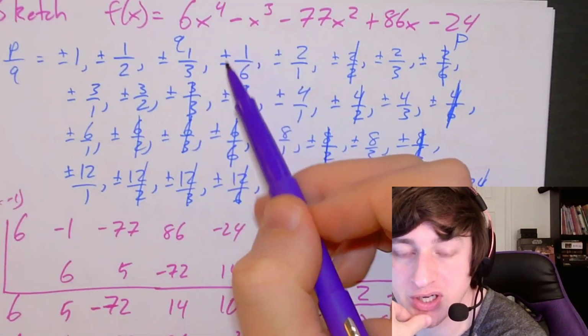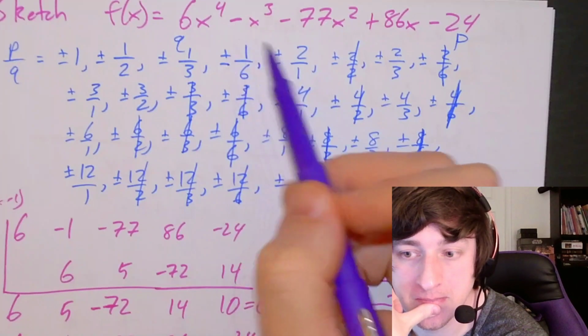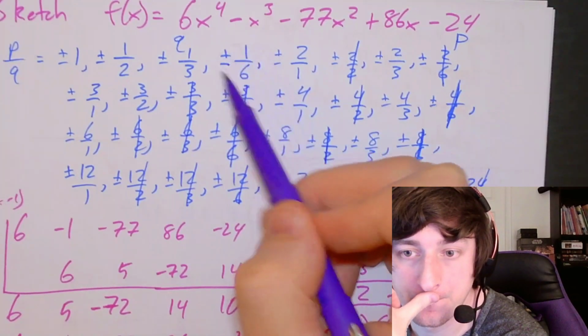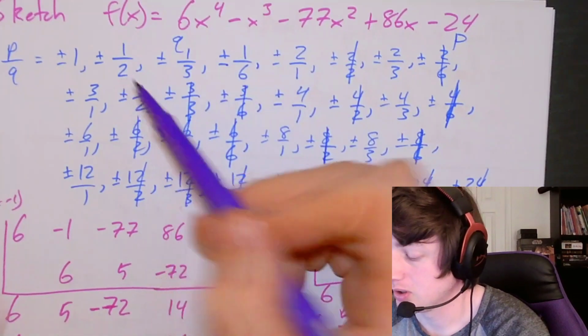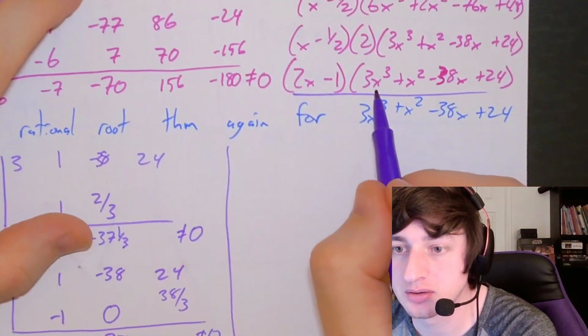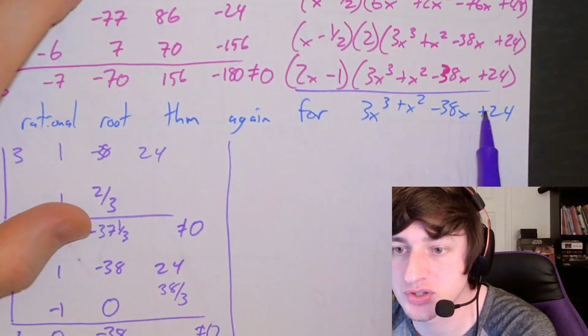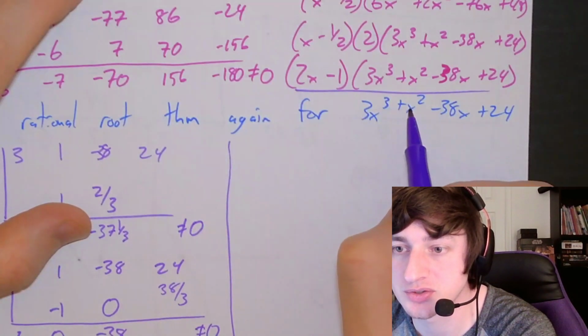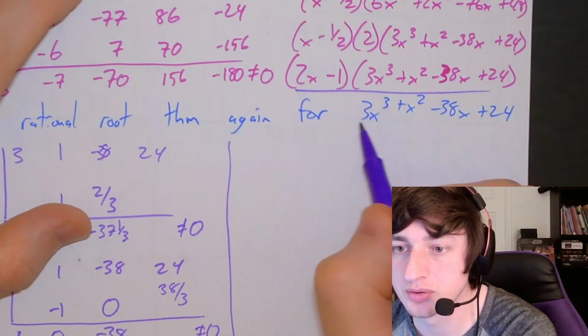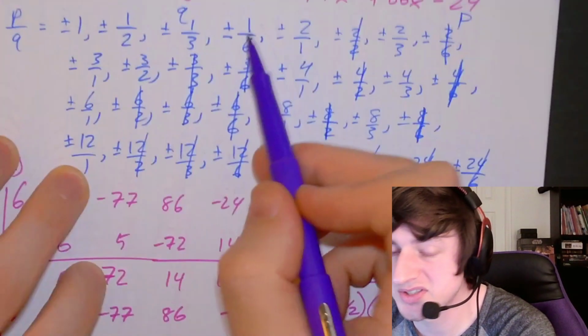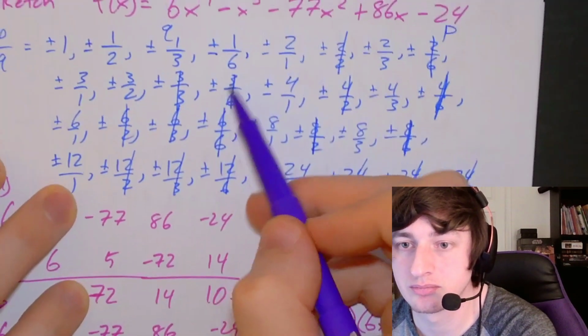We're not going to check 1/6 because 1/2 worked, and now we're guessing and checking for this function here, this 3x cubed plus x squared minus 38x. This is not 6 anymore, and so 1/6 is not actually a possible factor.